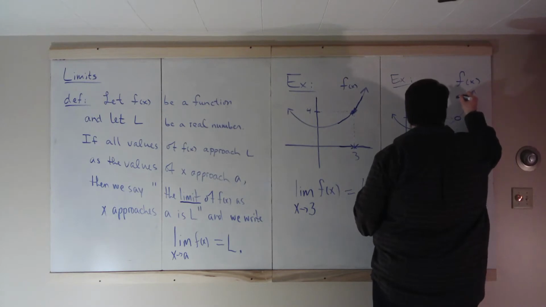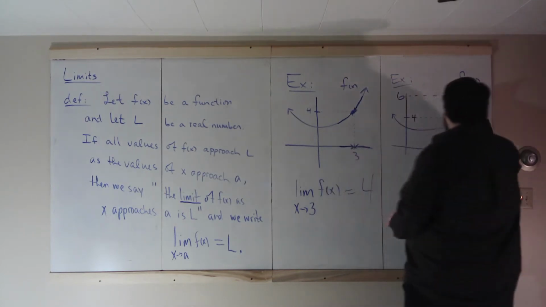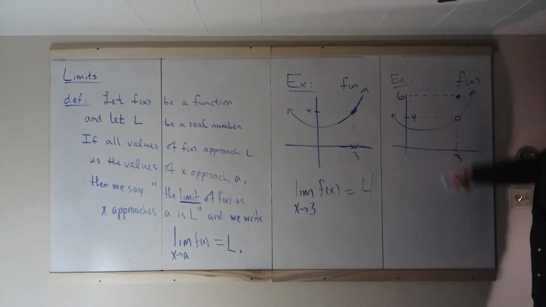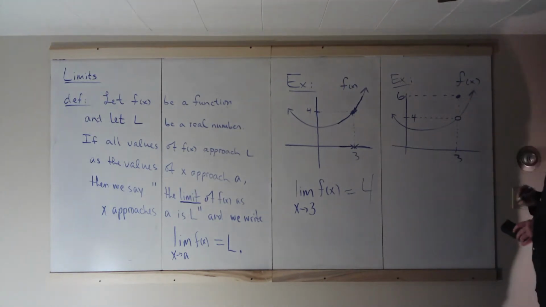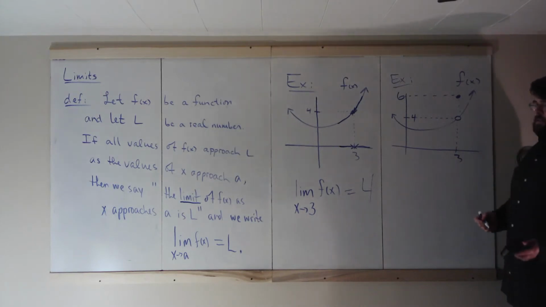But instead of having a function in one piece there, I'm going to put this other point up here. So in this case, f of 3 happens to be 6 because there's a hole here.